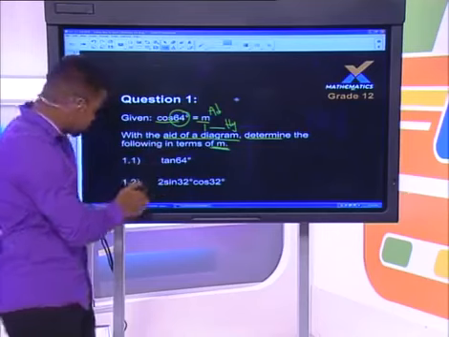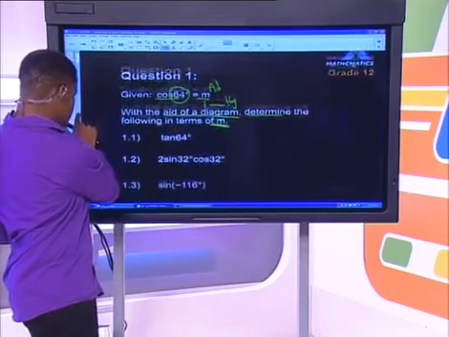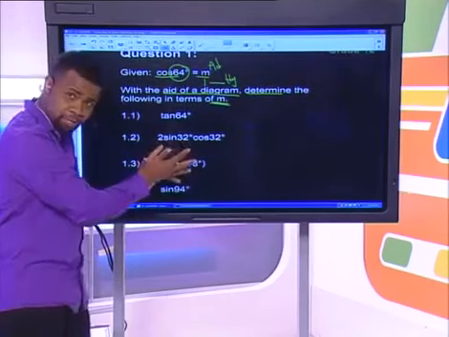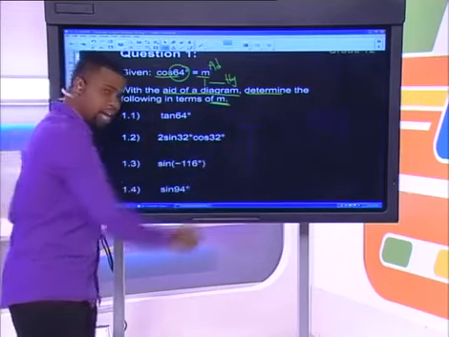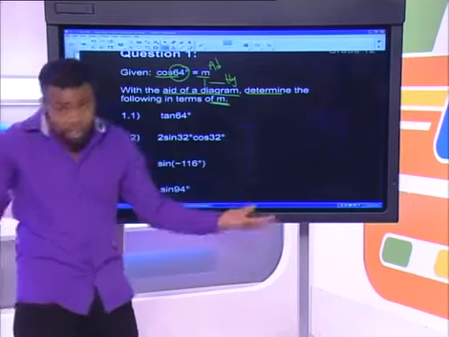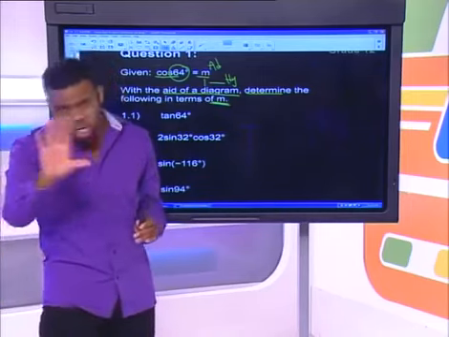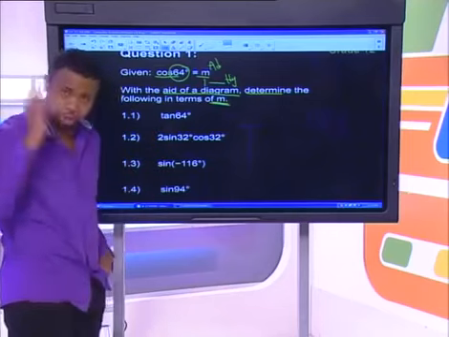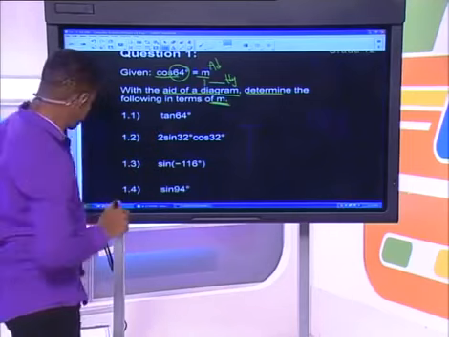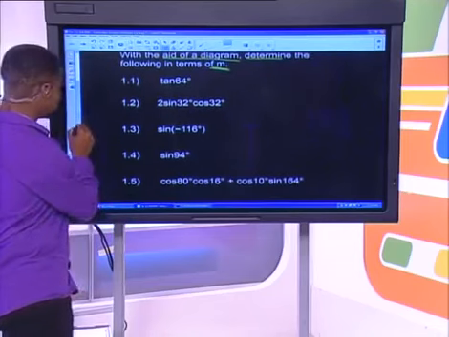Can I take these problems and put them on a calculator? Yes, I can do that. But is that correct? No, it's not correct. I can take 64 and put it on the calculator, but that's incorrect. That's wrong. Let's look at how we can solve this, guys.